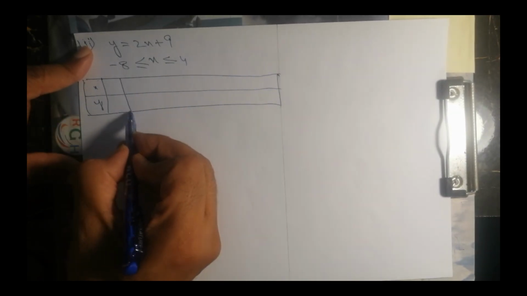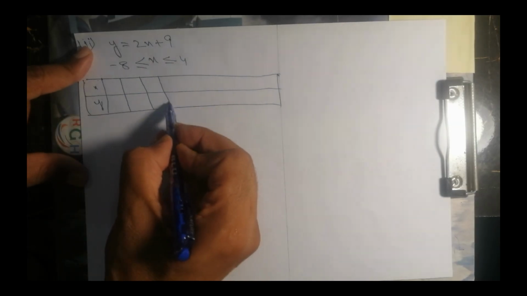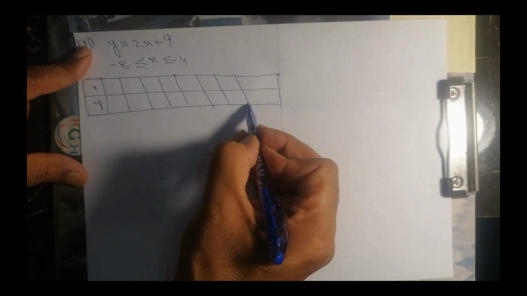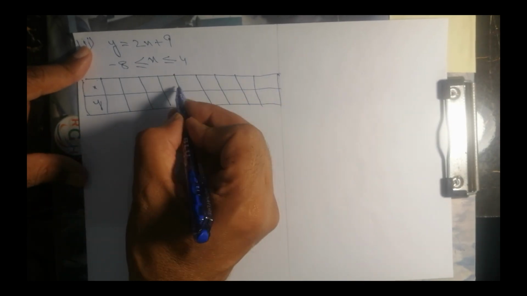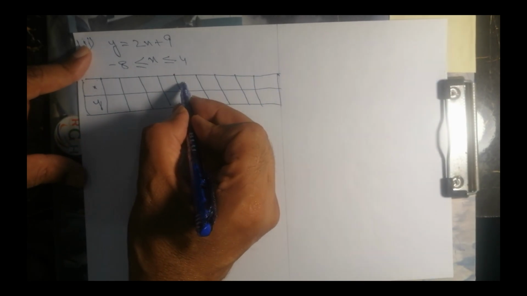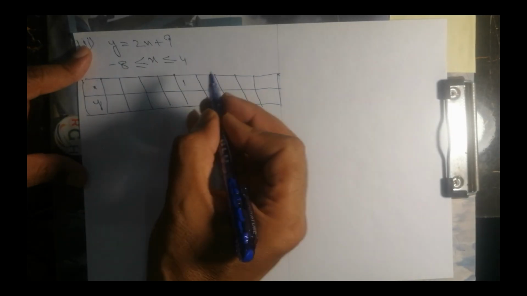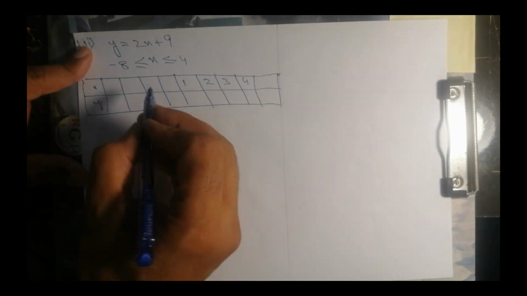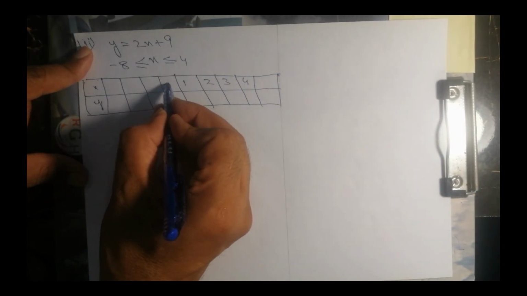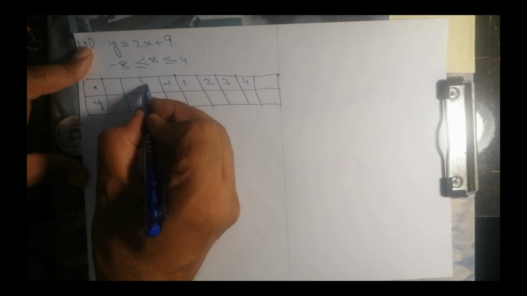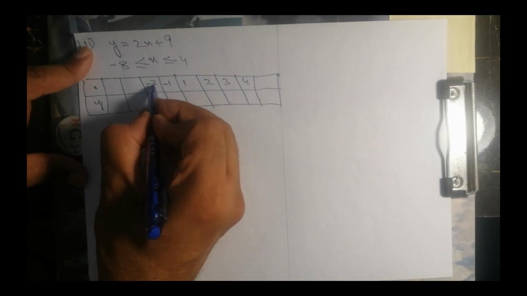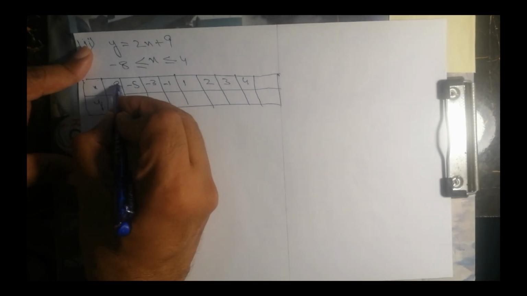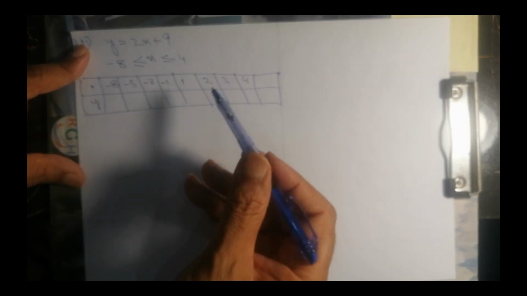We can take a few values, for example 1, 2, 3, 4 up to 4, and here minus 1, minus 3, minus 5, minus 8. This is the range of values.